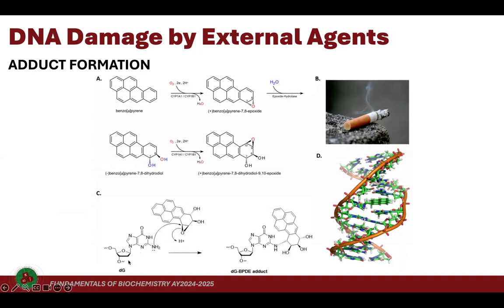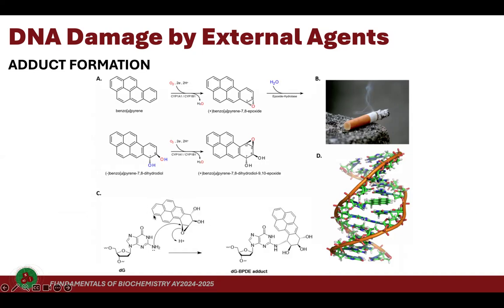Like for example, guanine here: you have the amine group there that can act as a nucleophile and can attack the epoxide ring. That causes the opening of the epoxide, forming a permanent covalent bond with the benzo[a]pyrene.